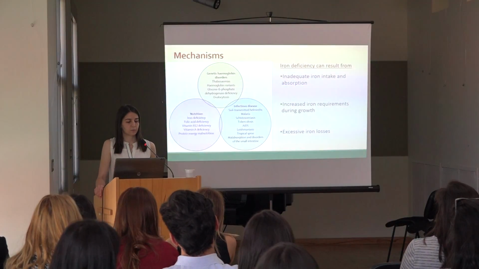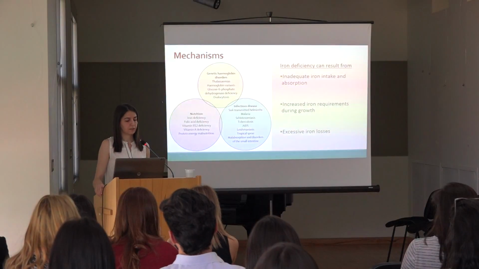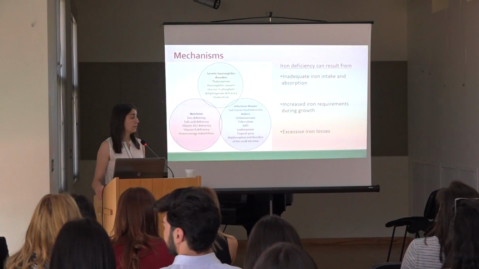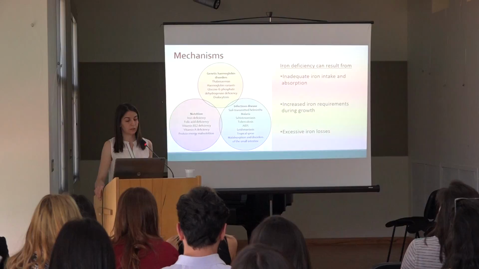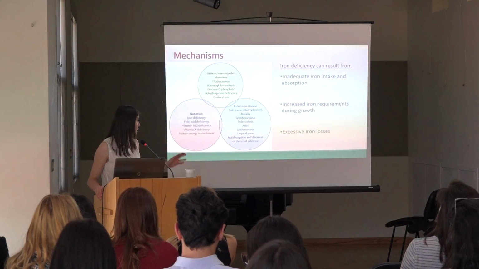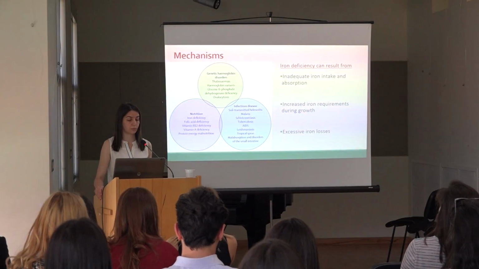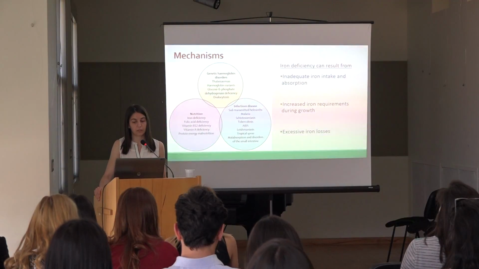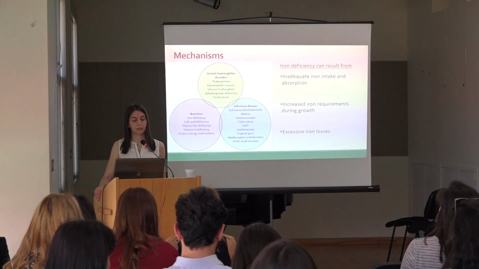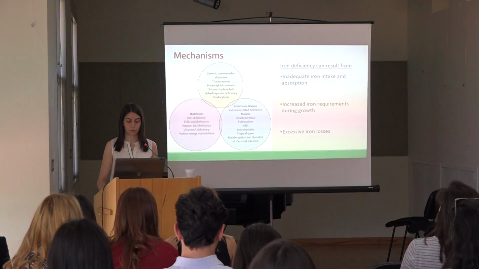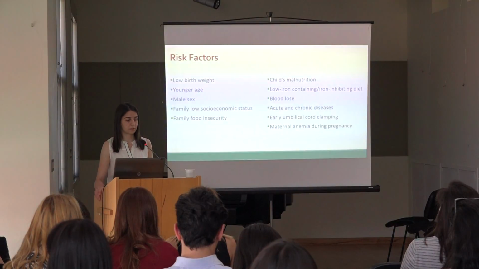Here we see the mechanism of anemia, and it's divided into three groups: genetic hemoglobin disorders, nutrition and infection diseases. We see that iron deficiency is in the nutrition block, and iron deficiency can result from inadequate iron intake and absorption, increased iron requirements during growth, or excessive iron losses.